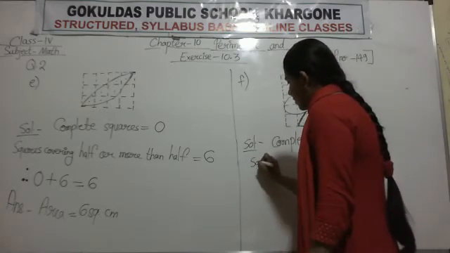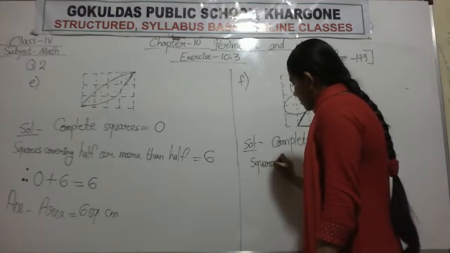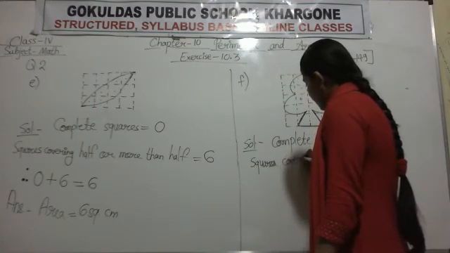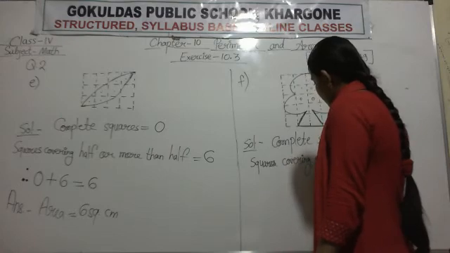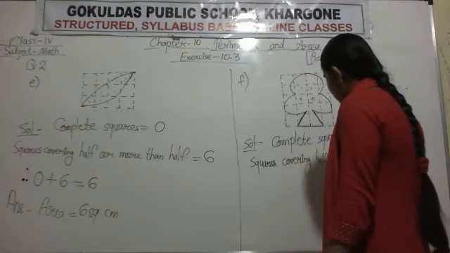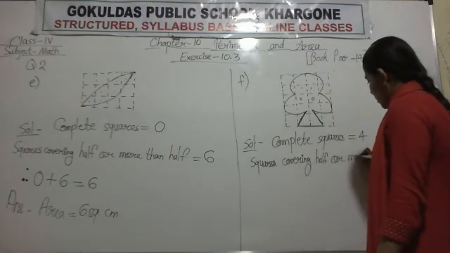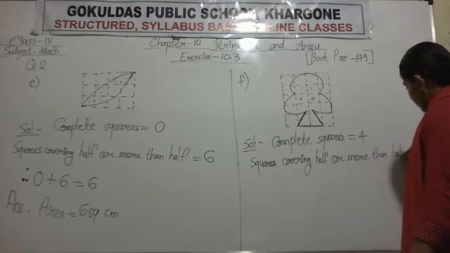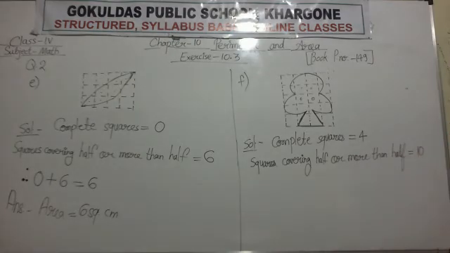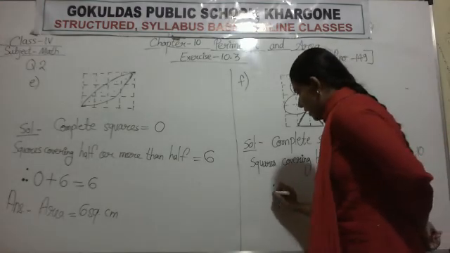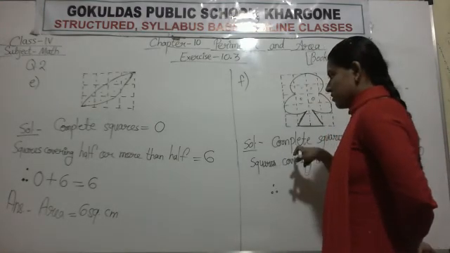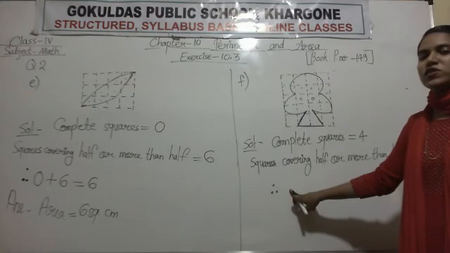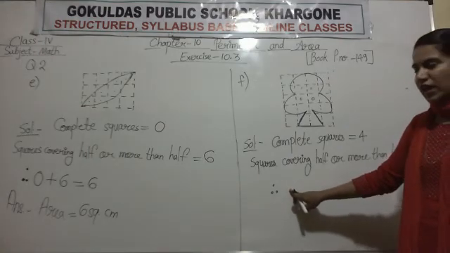So therefore squares covering half or more than half is equal to 10. Now in the next step we will add the number of complete squares and the number of squares having half and more than half.